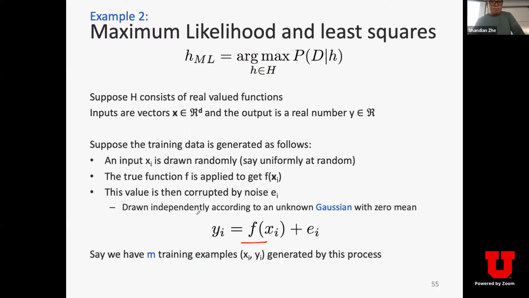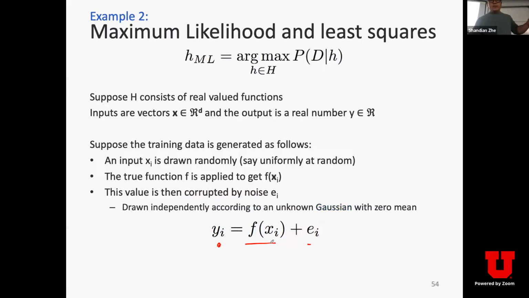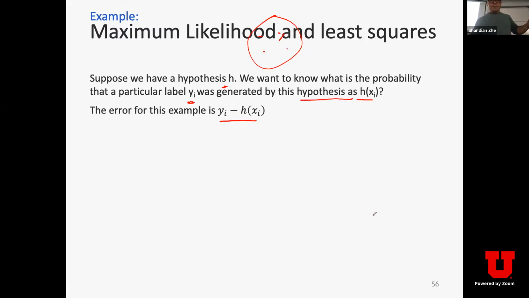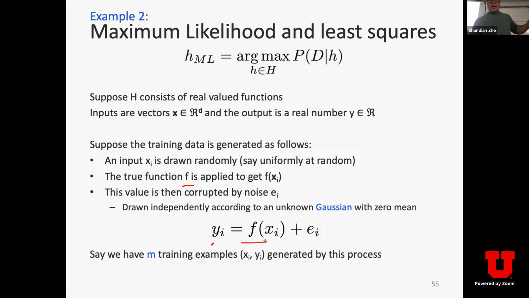Our key modeling is that, suppose you know the prediction from the ground truth function, then your observation yi comes from a random Gaussian noise corruption over the ground truth prediction, and this noise has zero mean. In other words, the difference between yi and the ground truth prediction should follow a zero mean Gaussian. That's our key model assumption.